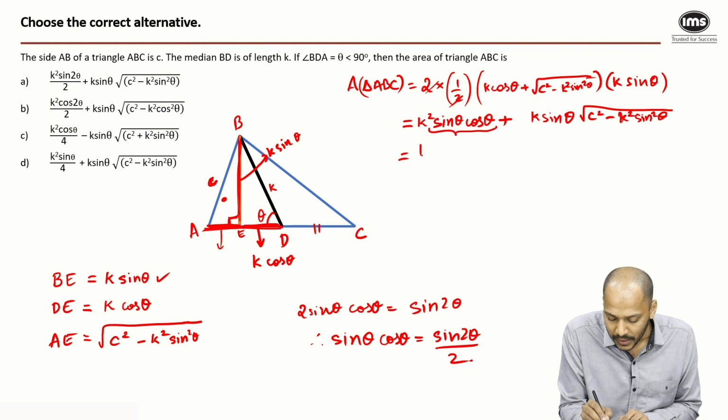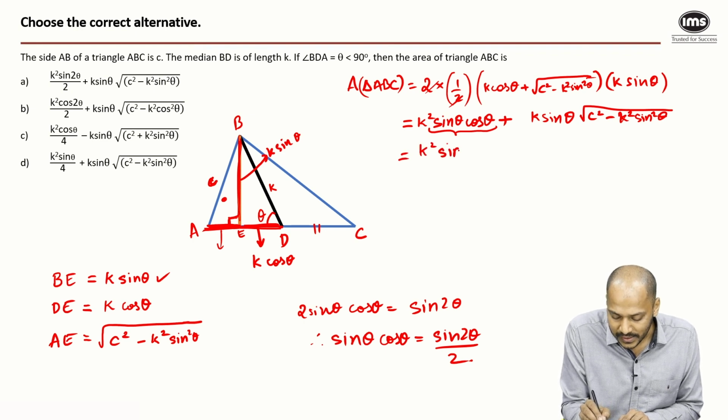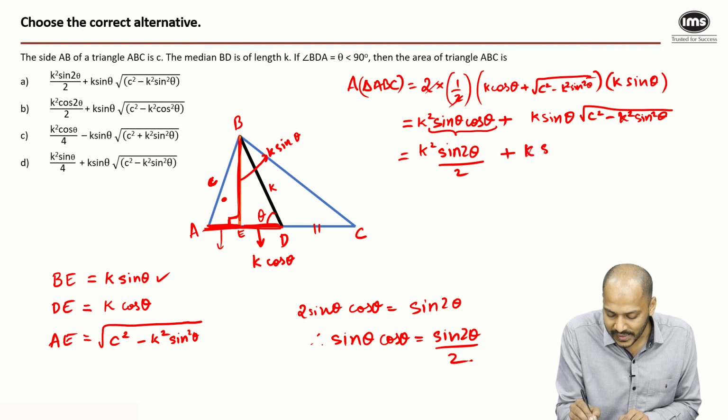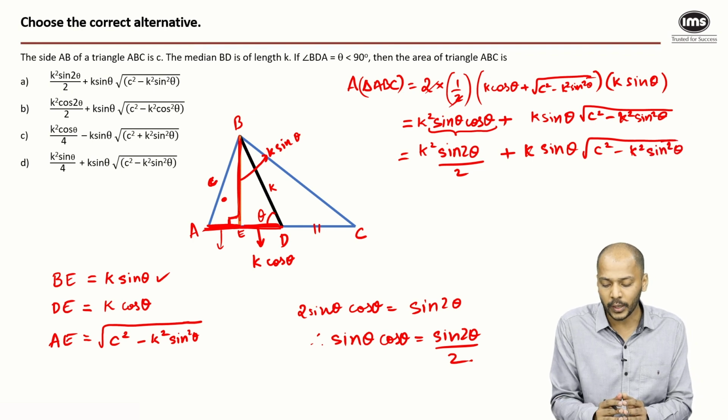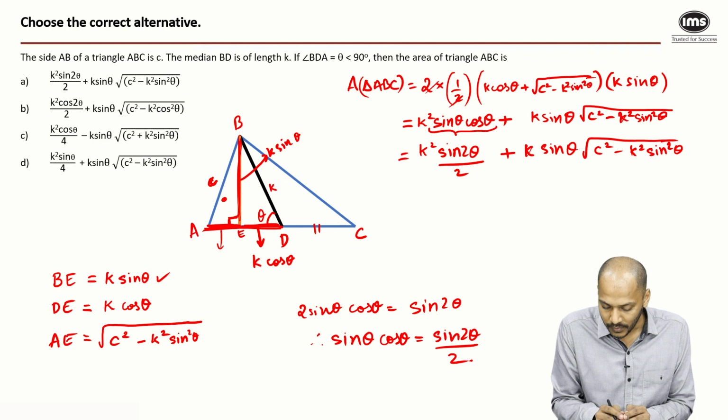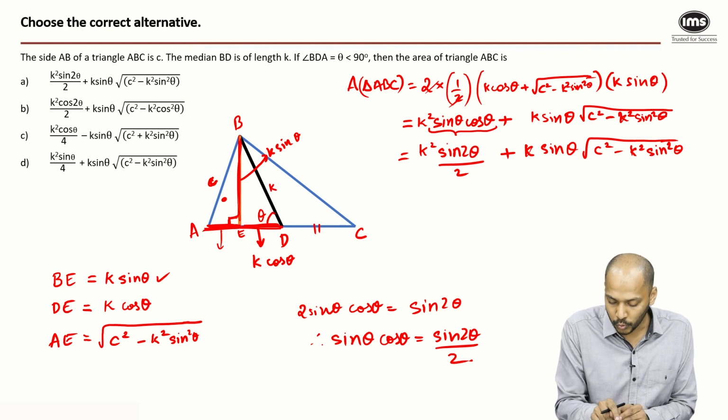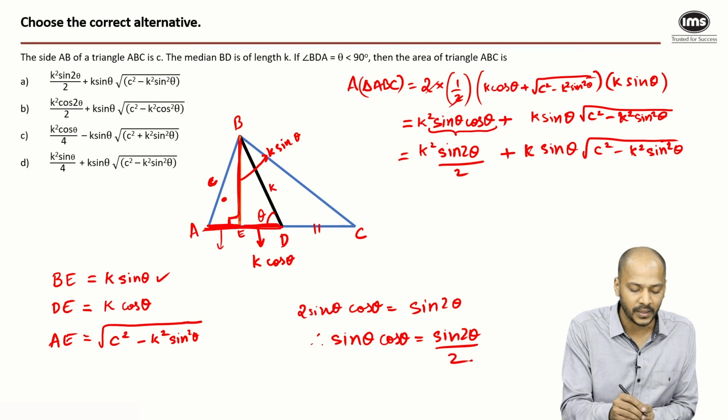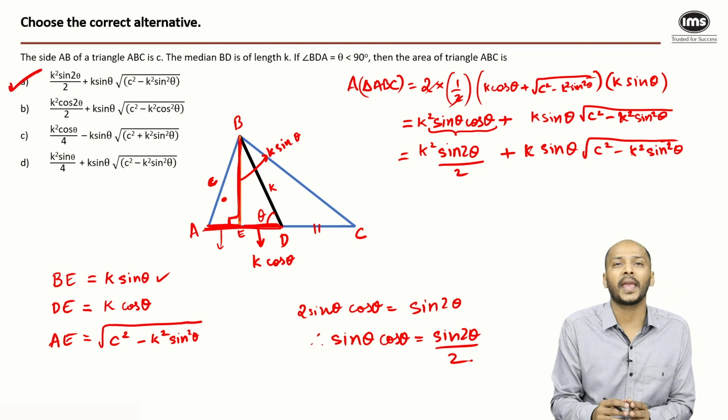So this would become k square times sine 2 theta upon 2 plus k sine theta times under root of c square minus k square sine square theta. And now if I look at the options, k square sine 2 theta by 2 plus k into sine theta under root of c square minus k square sine square theta, I would get the answer as option A.